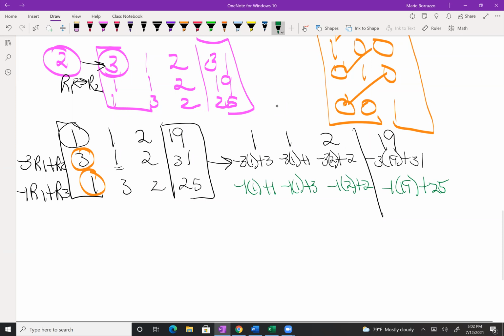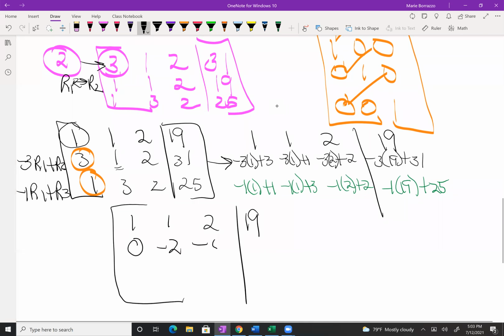So as you can see in doing the math, your new matrix is going to yield 1, 1, 2, 19, nothing changed there. This becomes 0, -2, -4, -26. And this is 0, 2, 0, and 6.